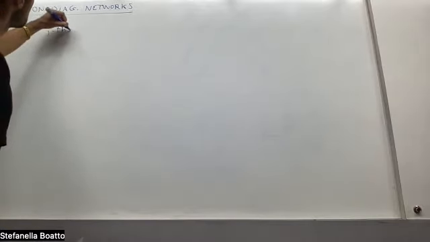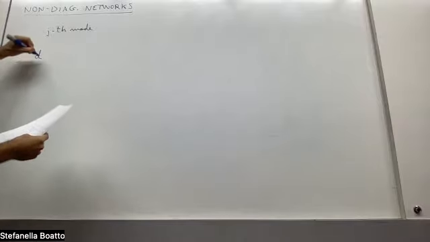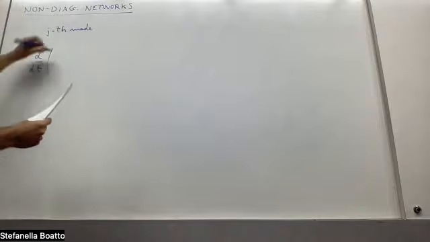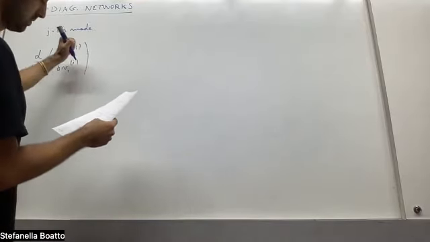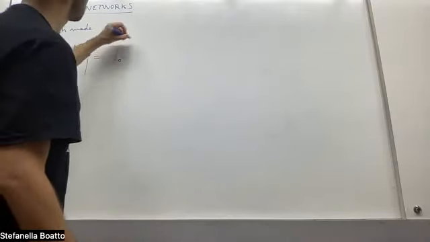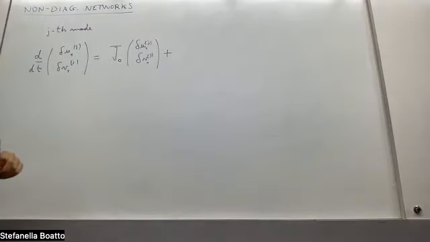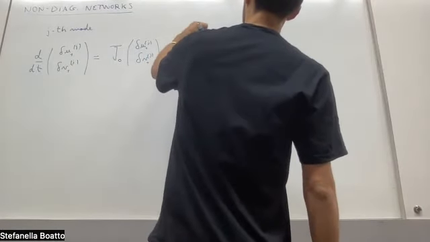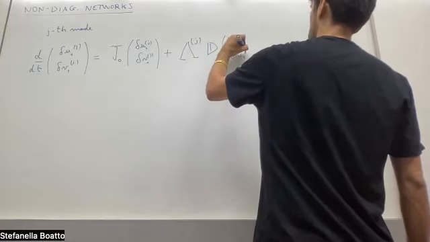So for every mode, if you consider the generic J mode, then the first perturbation, delta U1 J, delta V1 J, is equal to J0 delta U1 J, delta V1 J, plus lambda J, the diffusion, delta U1 J, delta V1 J.